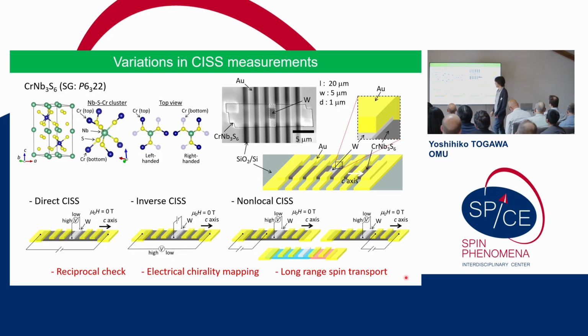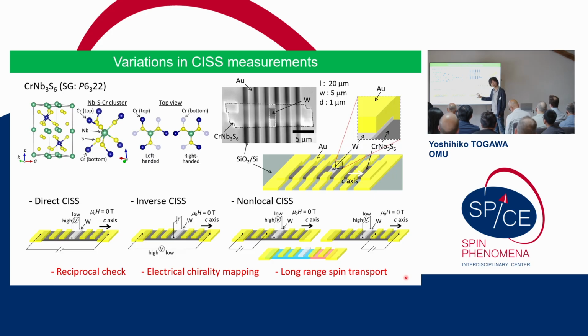If we apply current throughout the sample, and we get the Hall voltage, that's evidence of the CISS effect. Then we can examine the inverse response. When we apply current to the electrode, if we have a longitudinal voltage, that means the inverse CISS effect is valid.